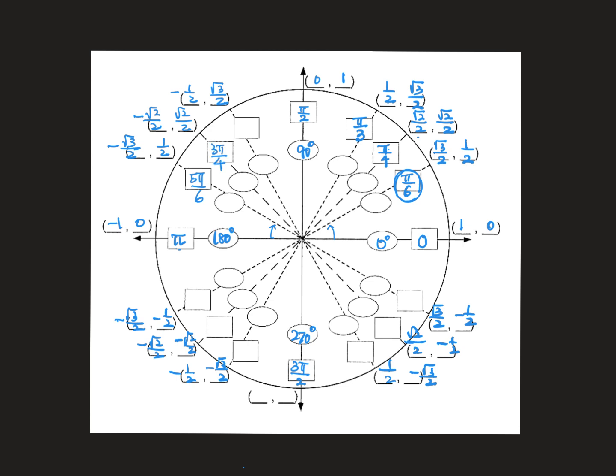Here is pi over 3, that's going to be 2 pi over 3. Another angle, you figure out very quickly, figure out all the angles with radians and degrees. Guys, make sure you understand this unit circle chart, how I sketch it. You're going to try exactly the same thing.